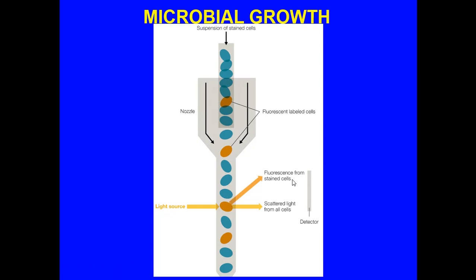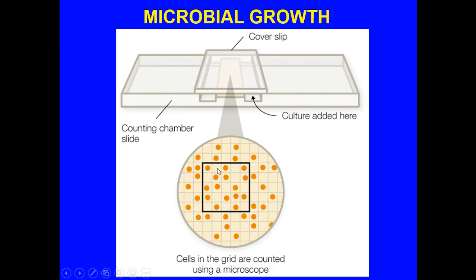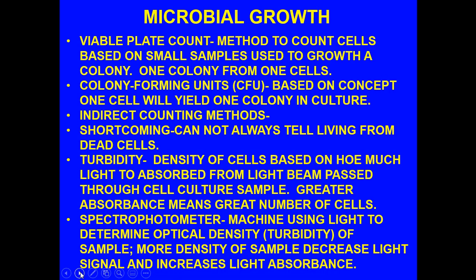There are certain chemicals that will tell you the difference between dead cells and living cells. Problem here, you may or may not get the same thing. There are some stains where the cells that are living will immediately eject out the dye, whereas dead cells would not. And so you can do the same approach using a hemocytometer.